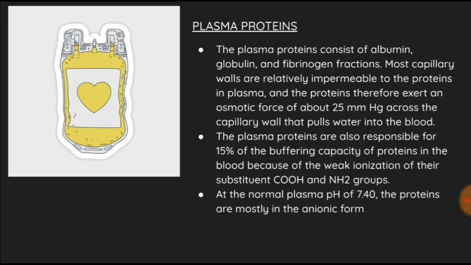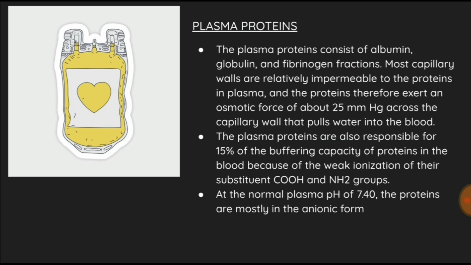So how is the filtration happening, or how is the blood carrying the water that you drink into the kidneys? This is how it happens. These proteins are impermeable to the capillary walls. Impermeable in the sense they do not get dissolved in the capillary walls.